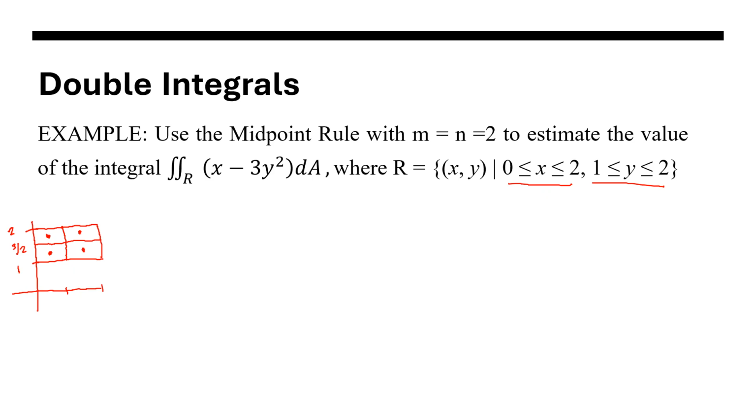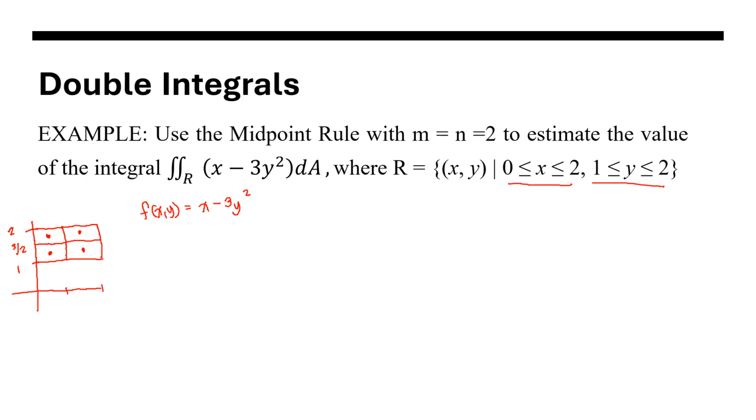So in other words, our function f(x) is equal to x minus 3y squared.